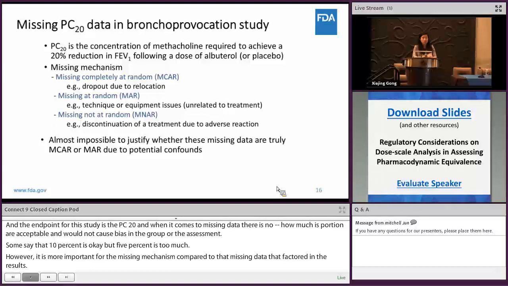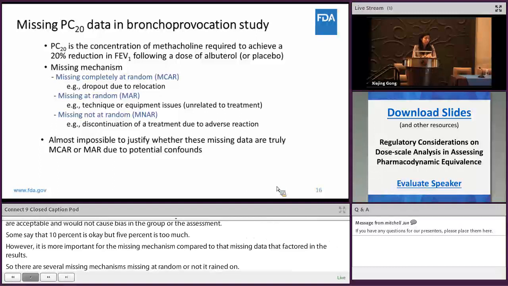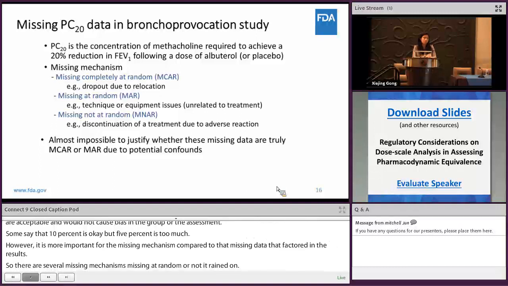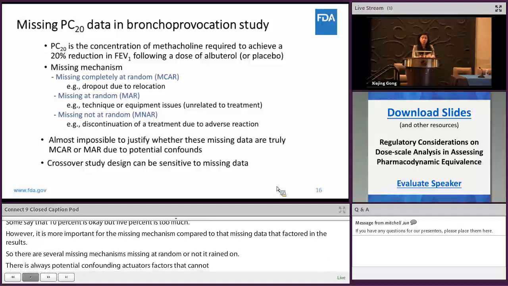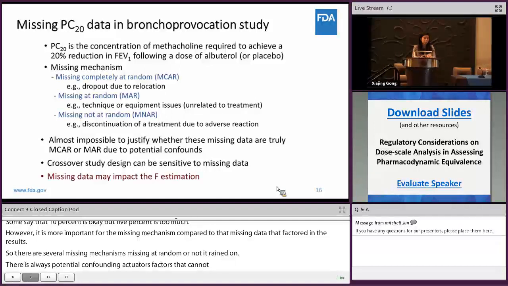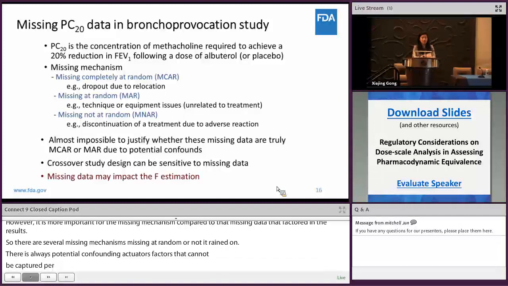Because there are always potential confounding factors that cannot be fully captured, it's almost impossible to justify whether the missing data are truly missing completely at random. And crossover study design can be sensitive to missing data. For example, if you miss one period for a certain subject, that subject may lose self-reference. And subsequently, missing data may impact the F estimation in dose scale analysis.